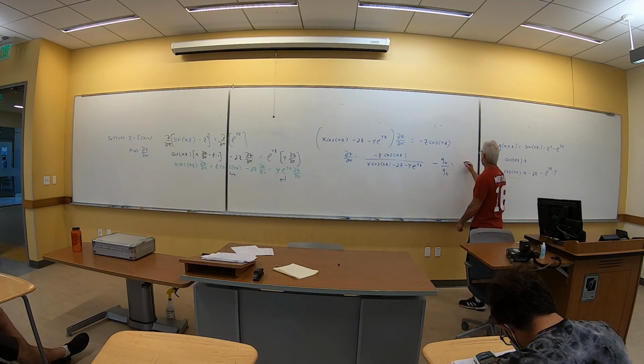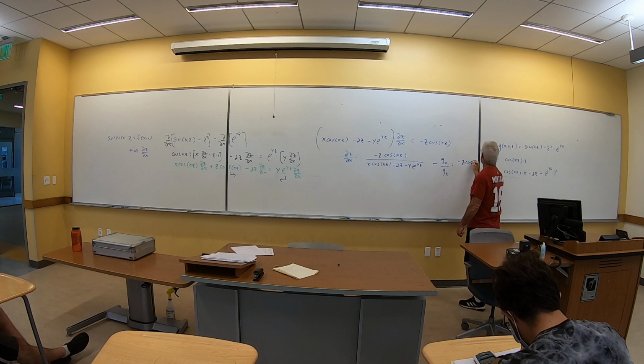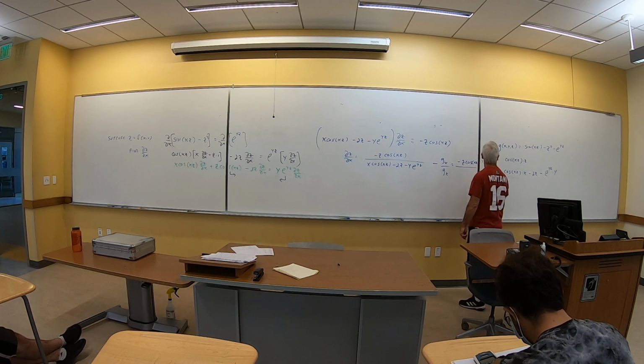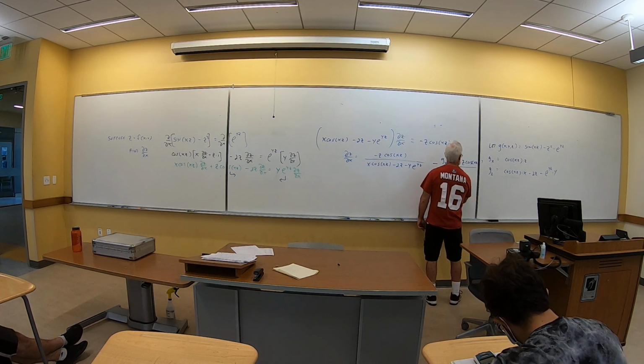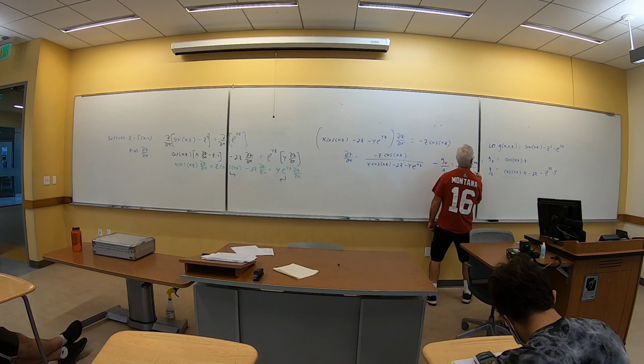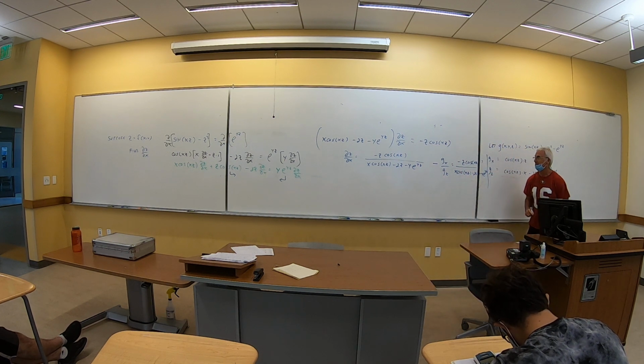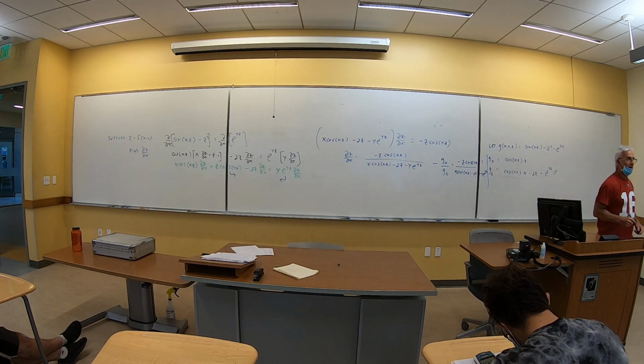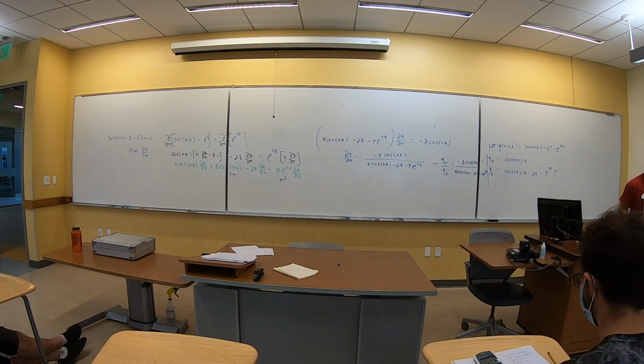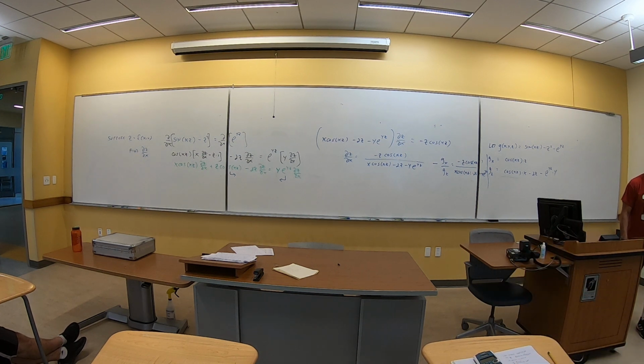Well, let's see, it's going to be negative z cosine xz over x cosine xz minus 2z minus y e to the yz. A little bit tight. Same answer? Crowd goes wild, confetti everywhere. I don't need to ask you which one you like better. One of them was gnarly, one of them was actually quite simple.